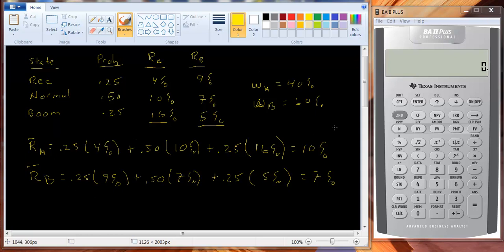Let's look at the expected return for the portfolio. Up here I've said that the weight in the portfolio in this example is 40% in stock A, 60% in stock B. So let's work that out.